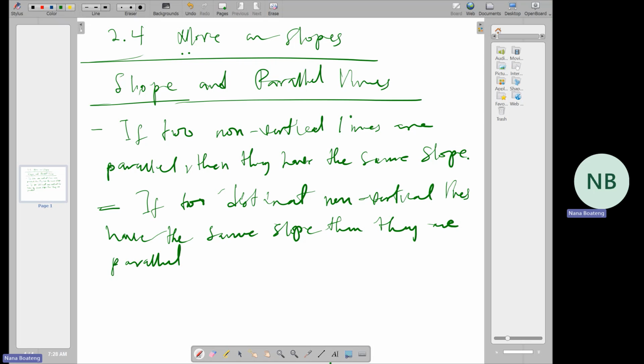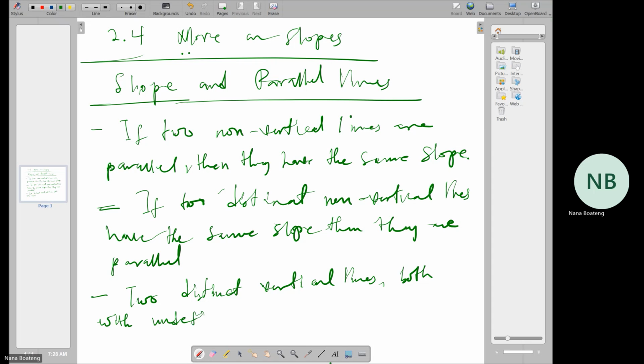And whenever we have two distinct vertical lines, both with undefined slopes, then they are also parallel.